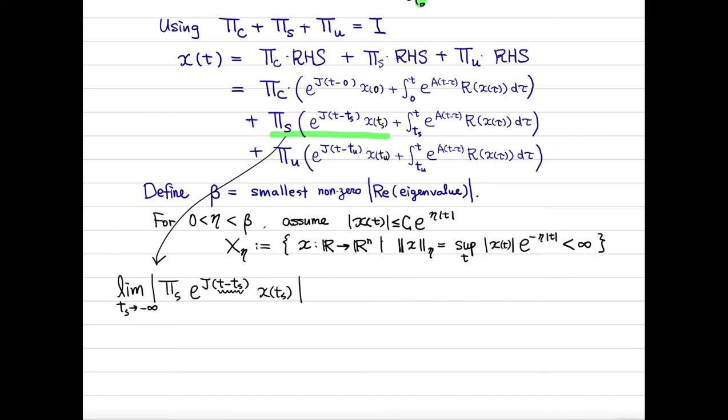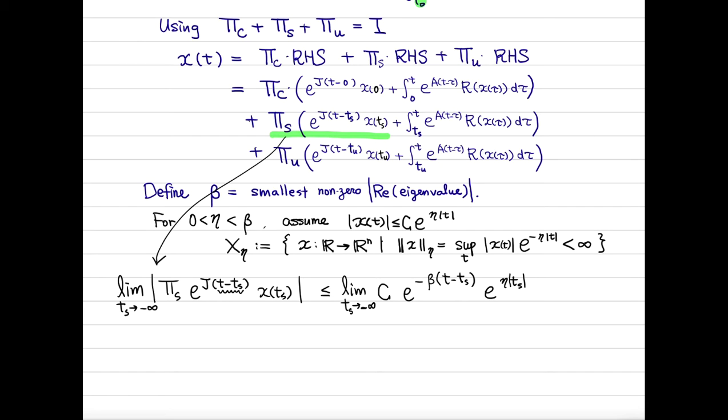Since e to the J in the stable projection will have eigenvalues less than minus beta or even less, the e to the J part will decay, and the smallest possible decay is e to the minus beta decay.